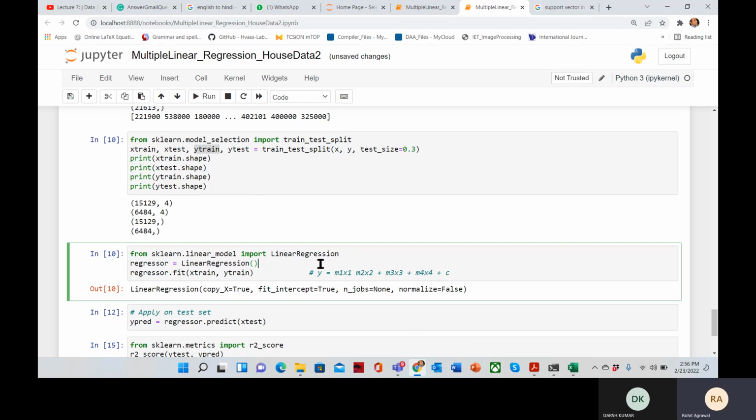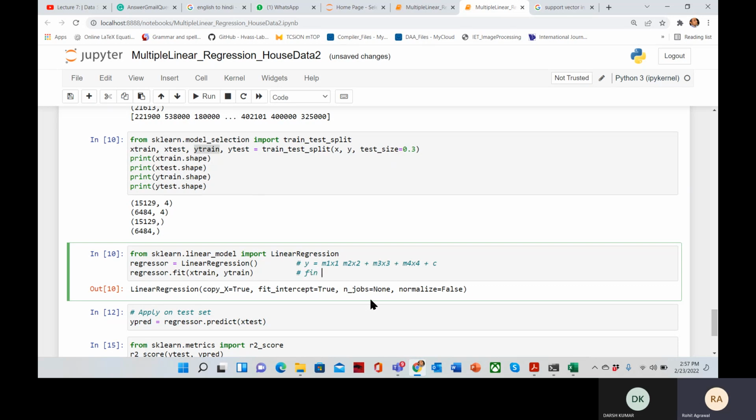Linear regression means we assume that our data is linearly dependent, that means price is linearly dependent on these 4 features x1, x2, x3 and x4. So using this regression dot fit, we are just going to find m1, m2, m3, m4 and c.